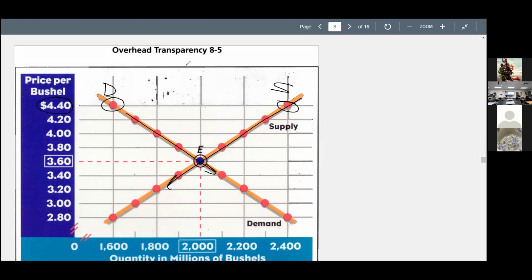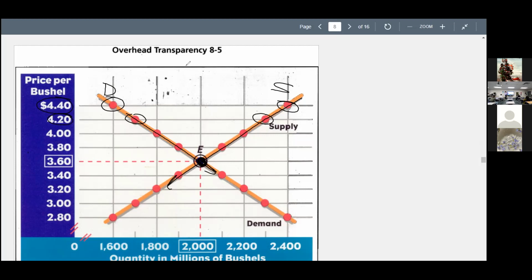All this is corresponding points. Then there's one point on the market curve where supply and demand are equal to each other, meaning that we have none left in the system.